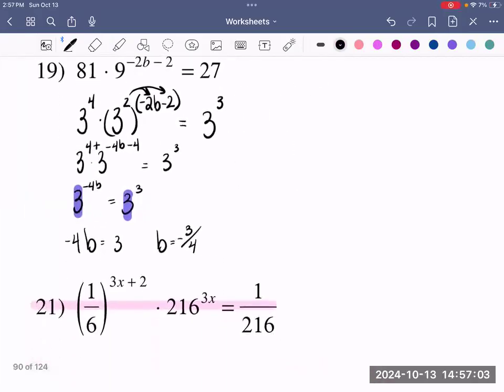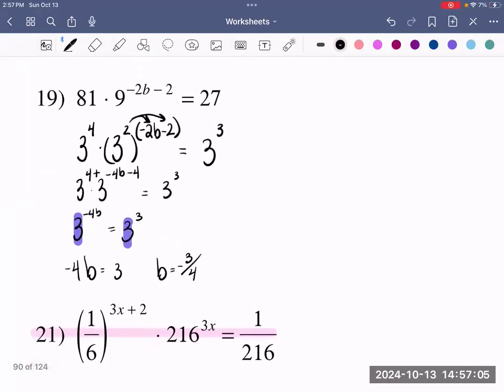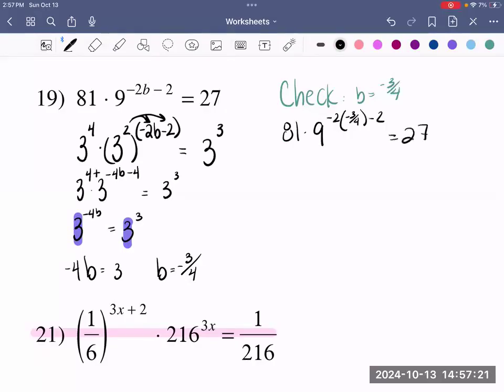All right, let's go ahead and check your answer here. This one being an unusual one, I want to at least do one of those. We have 81 times 9 to the negative 2 times negative 3 over 4 minus 2 is equal to 27. So negative 2 over 4 is now a positive because the negatives cancel.